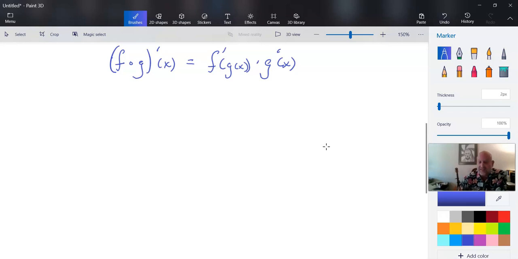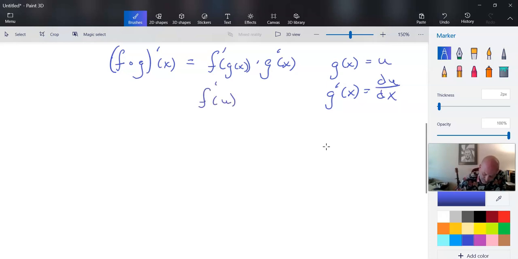I just want to point out how this relates to the other presentation. If g of x is equal to u, then g prime is du dx. And you notice here, this is f prime of u, which means this is du.